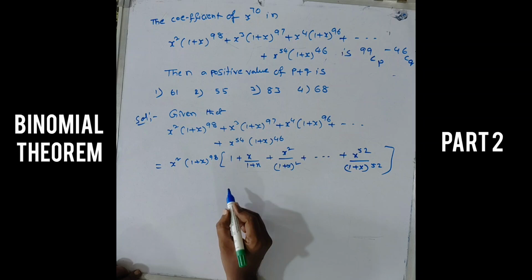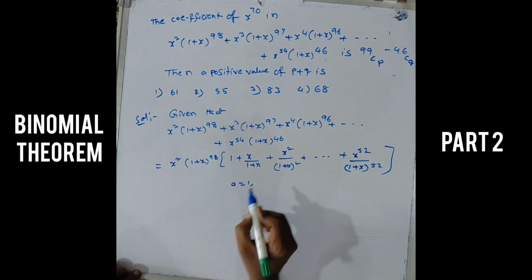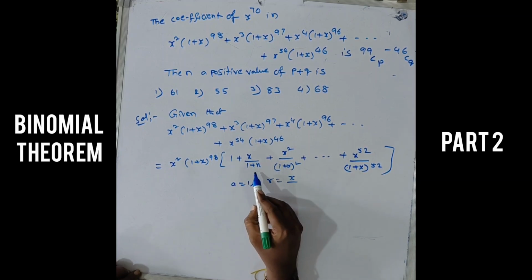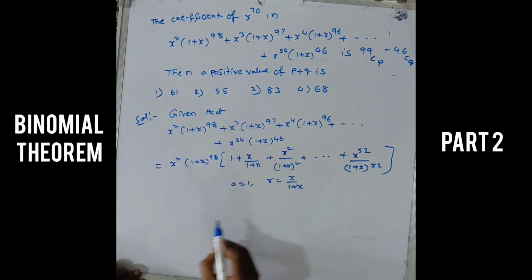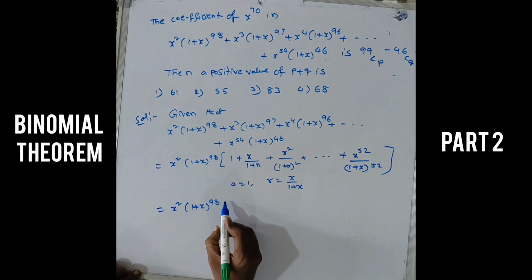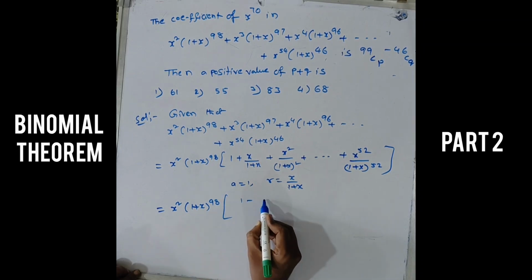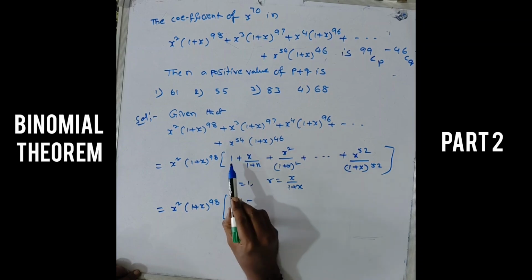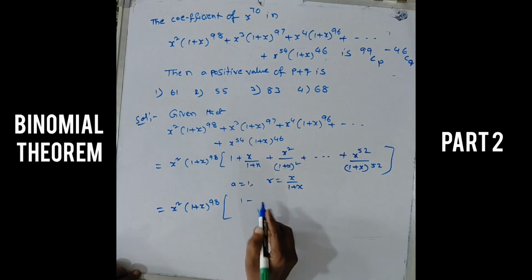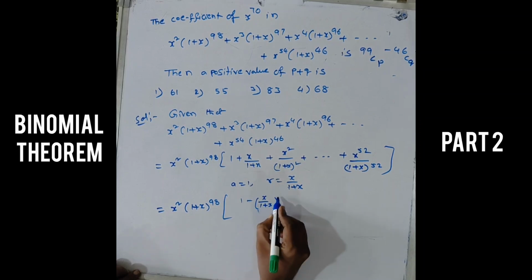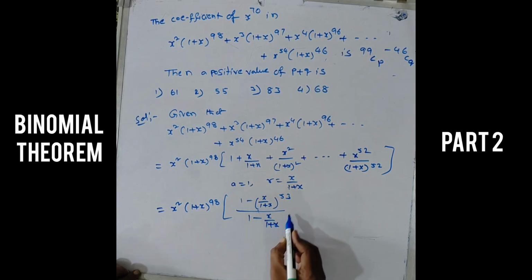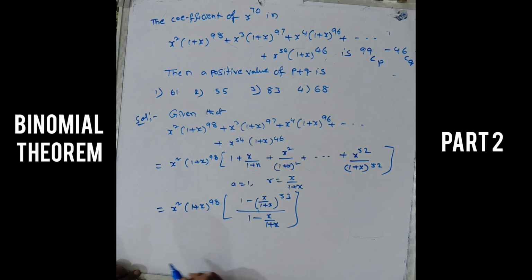In this bracket we have a GP. The first term is 1, and the common ratio is the second term by the first term, or the third term by the second term, which gives x/(1+x). So we get x^2(1+x)^98 into (1 - r^n) over (1 - r). The value of n is 1, 2, 3 up to 52, a total of 53 terms, and r is x/(1+x), so r^53. In the denominator, 1 minus r is 1 minus x/(1+x).